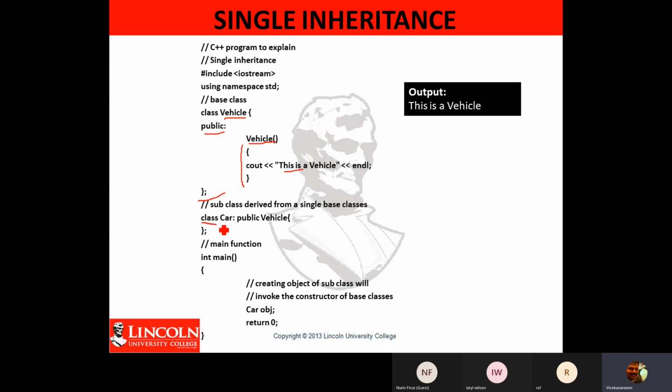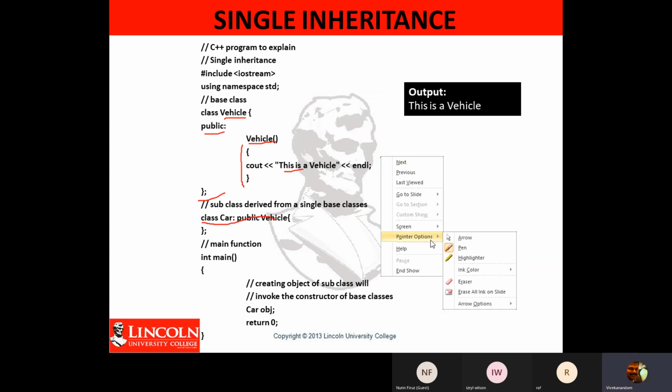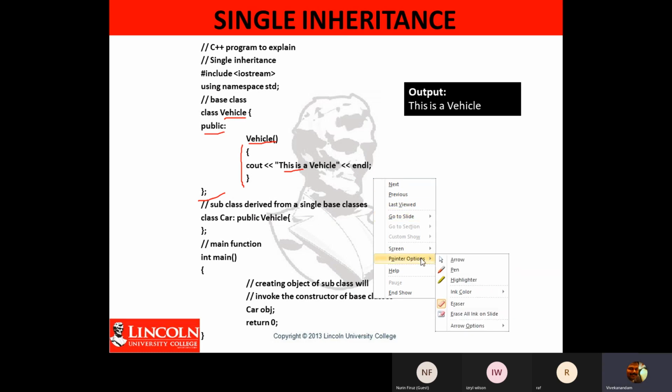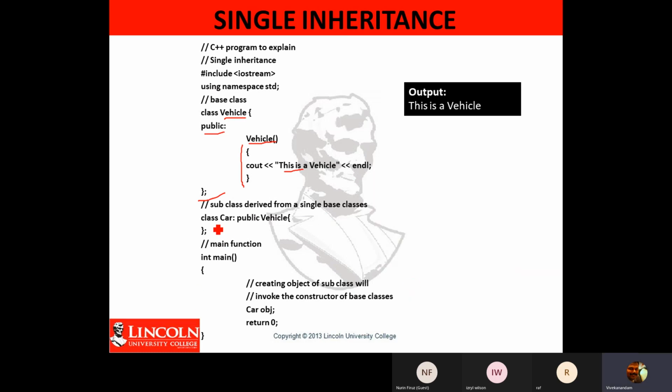So how do we declare the inheritance? The class name is car. This is the derived class name. Then we write public vehicle.